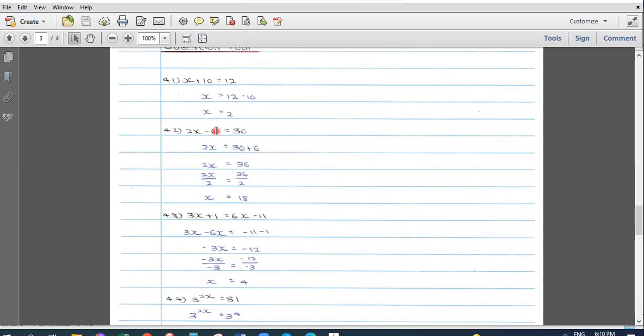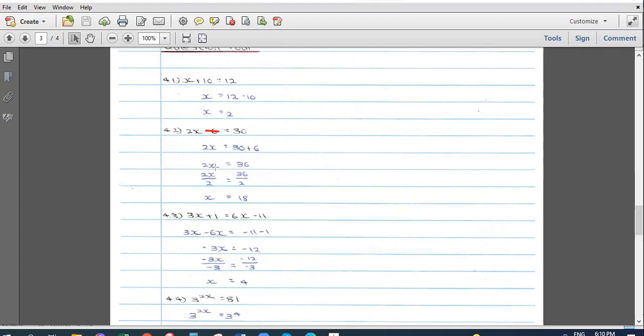So adding a positive 6 means there's no 6 here. It's out. I'll just draw a line there. It means you're only left with 2x, but we have to add a positive 6 on that side. So 2x is equal to 30 plus 6, which is 36.